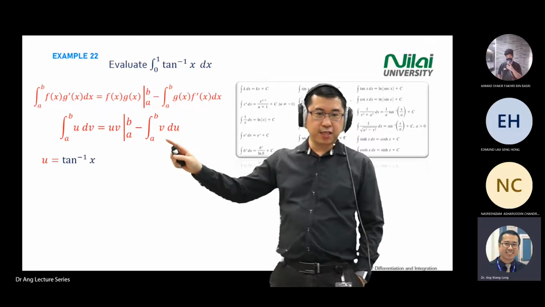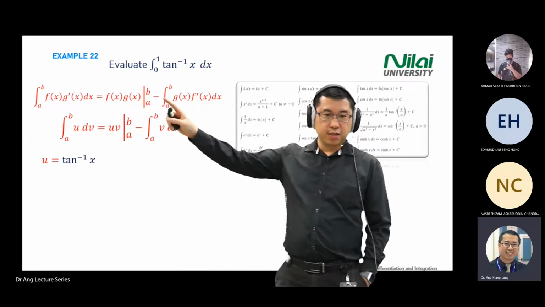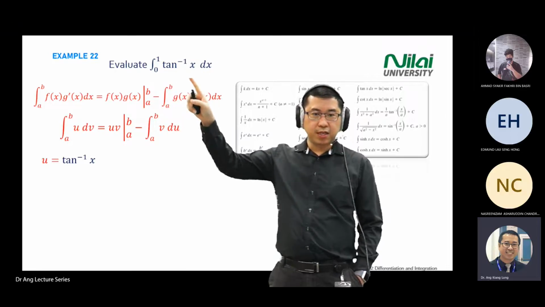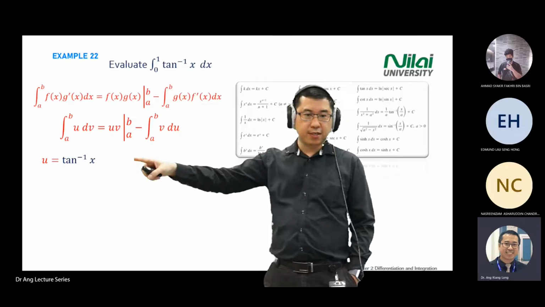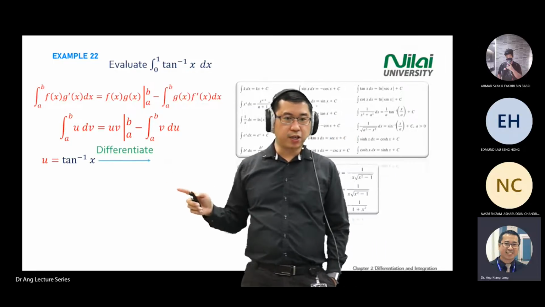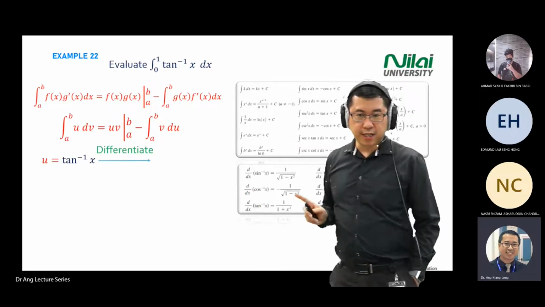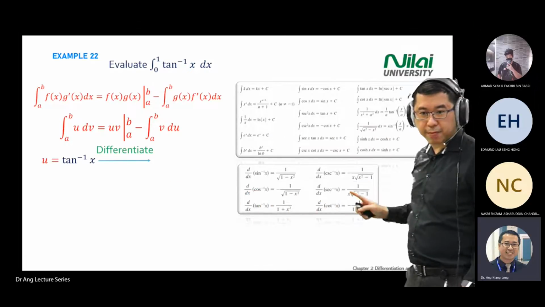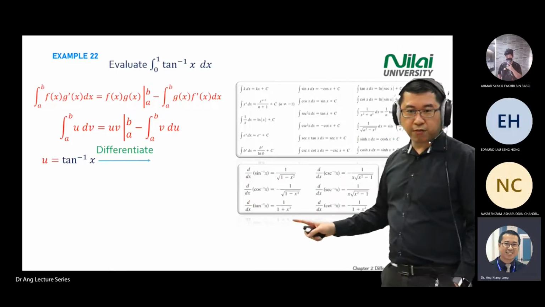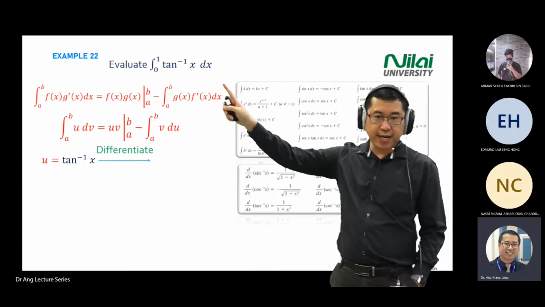I'm using this second equation. So if you compare side by side, you know that your u is tan inverse x. Then you differentiate to get du/dx. Again, there's a table to refer to. Which table to refer to? Because in this question, you only see x, right?